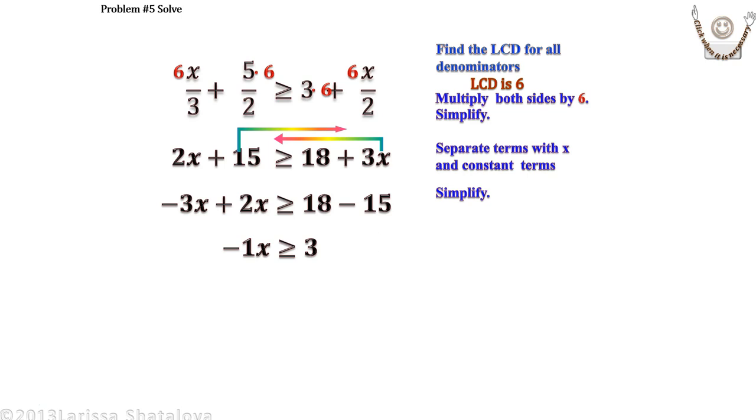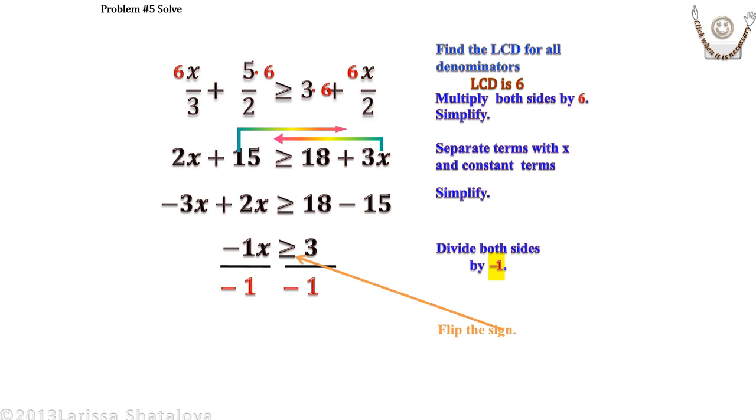Now let's divide by negative 1. Remember, by negative, so we flip the sign. Negative 1x divided by negative 1 would be positive 1x or just x. 3 divided by negative 1 would be negative 3. So our answer is x is less or equal negative 3.